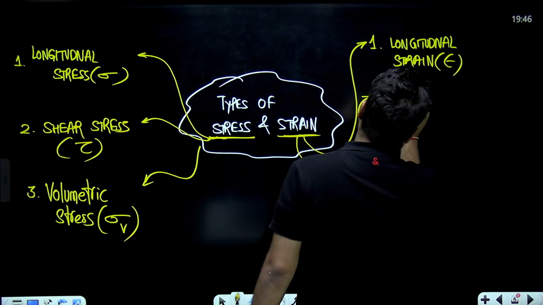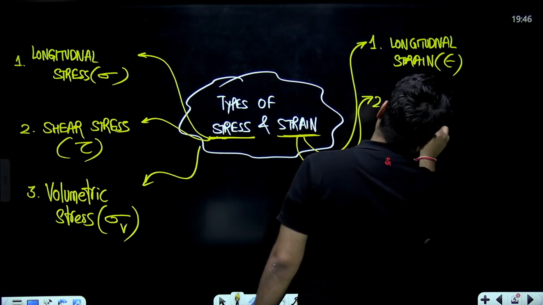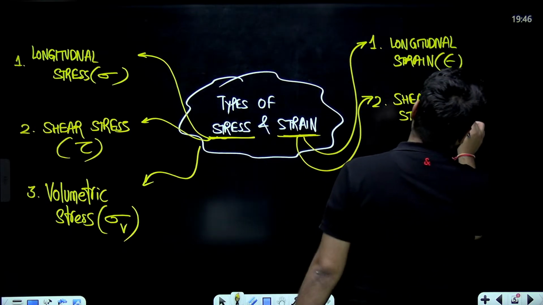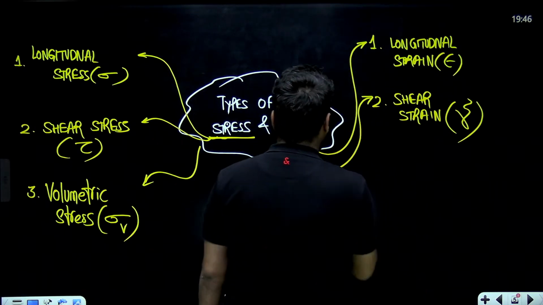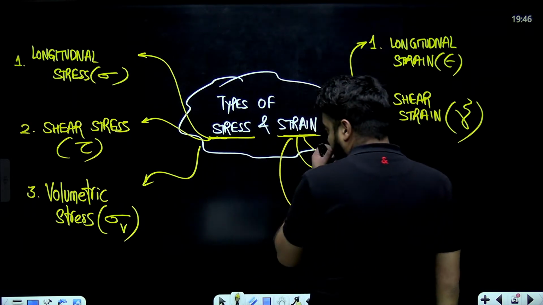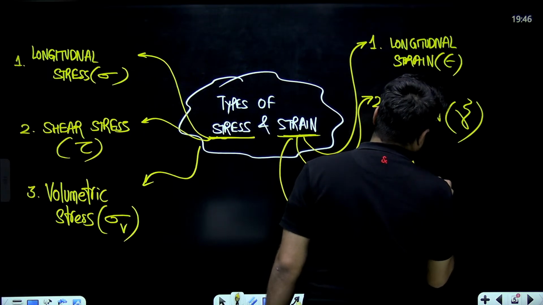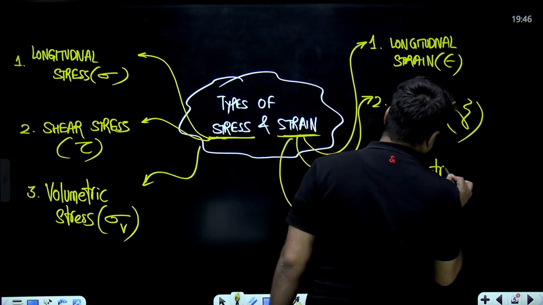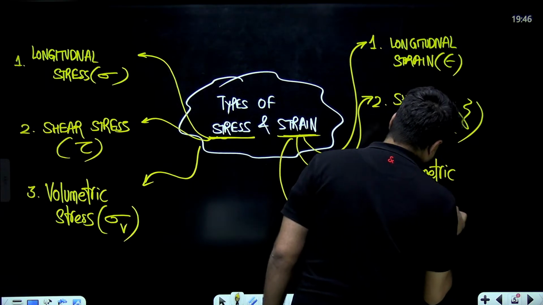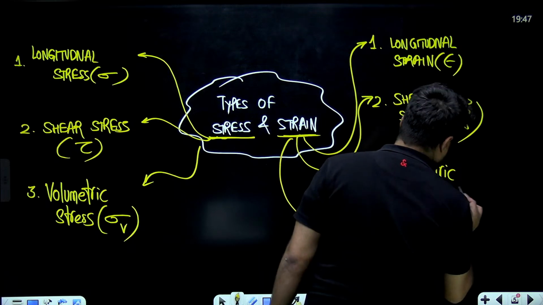Then there is shear strain, and its symbol is sometimes gamma. I can use a different symbol also. And the third is volumetric strain, where the symbol is epsilon V.